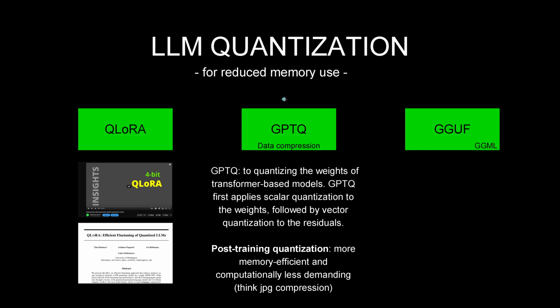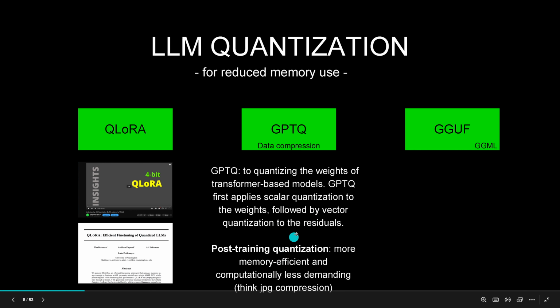So a full-fledged LLM. And then after the training, in post-training quantization, you apply some extreme data compression on the weights of the model. And GPTQ is specific in that it first applies some scalar quantization on the weights, followed by some vector quantization to the residuals. Never mind, simple example.